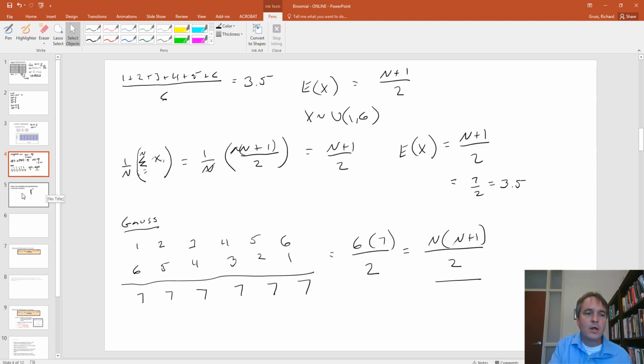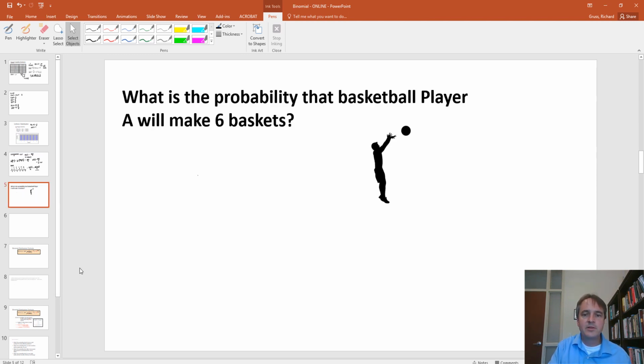Okay, so as we go forward, we're going to be looking at these probability distributions, and they're going to allow us to come up with the mapping from the outcome to the probability, and then also certain characteristics such as the expected value and the variance. In every case, we're going to talk about the expected value, and we're only going to look at the variance in a couple of special cases.